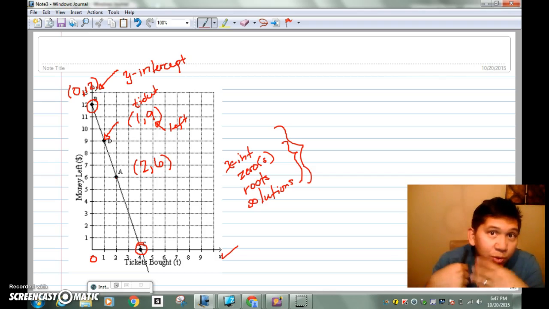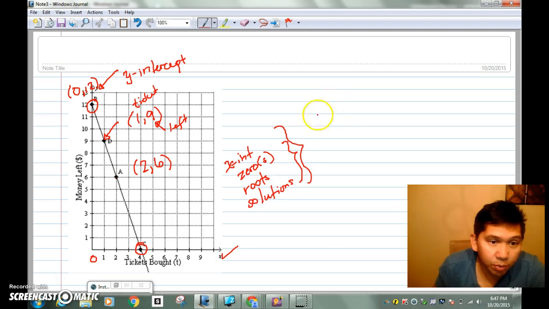Now that we have addressed what those are, let's talk about what they mean. We can easily interpret what this means if we write the ordered pair. So let's write the ordered pair for this. If you have (4, 0) as the ordered pair of this, let's talk about what this means. How many tickets do we buy?